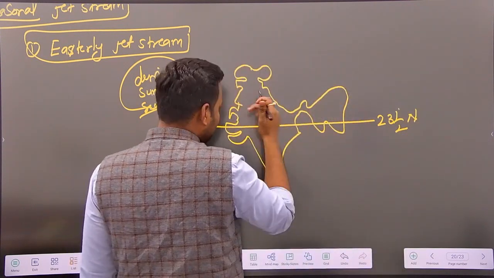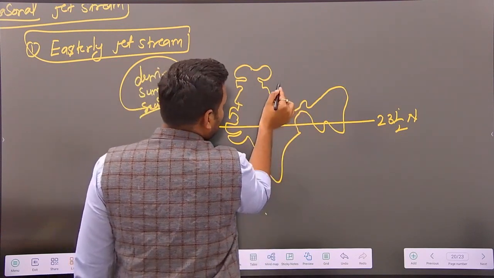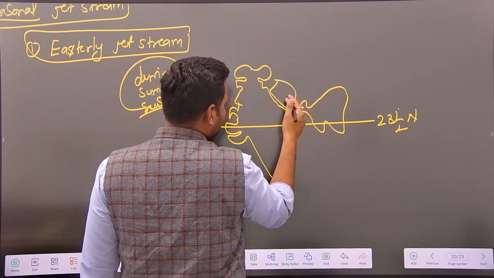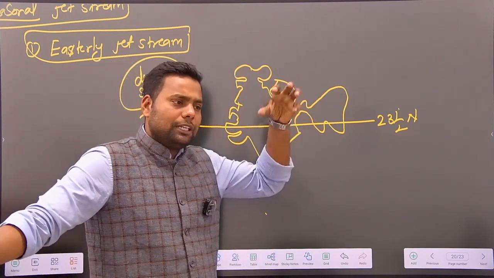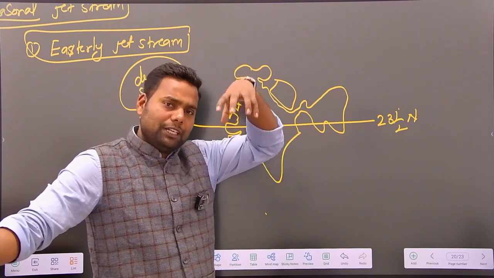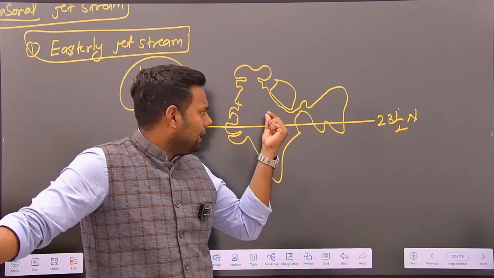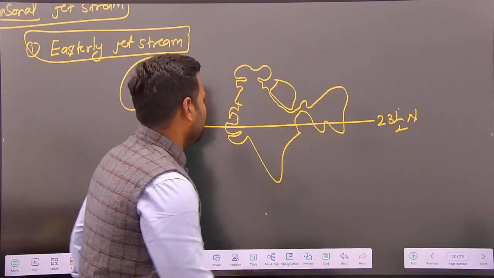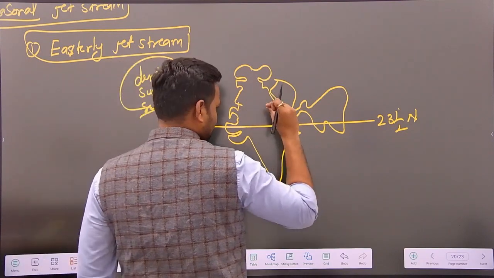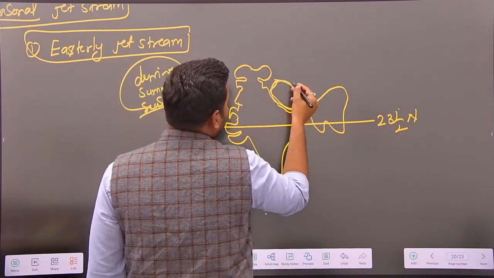Due to this, the Tibetan plateau becomes warmer, because in the Tibetan plateau there is a sinking zone of air, since the Tibetan plateau is barren land and its albedo is at the lowest level. During the summer season the Tibetan plateau heats up more.